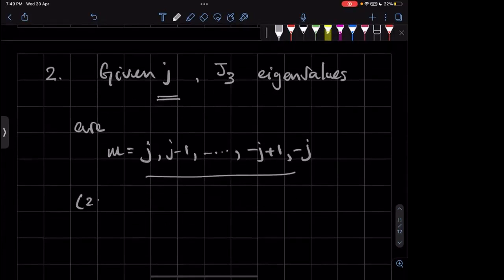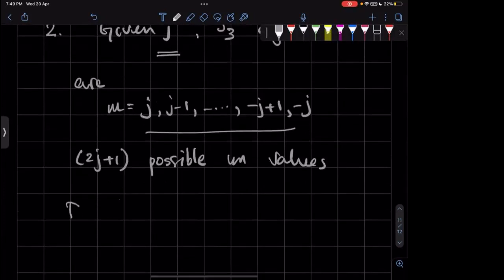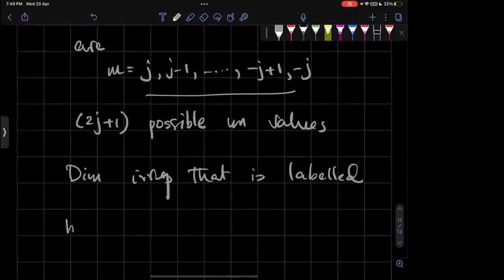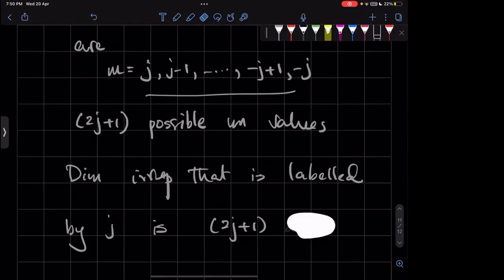So there are 2J plus 1 possible M values. That means the dimension of the irreducible representation that is labeled uniquely by J is 2J plus 1 dimensional. Okay.